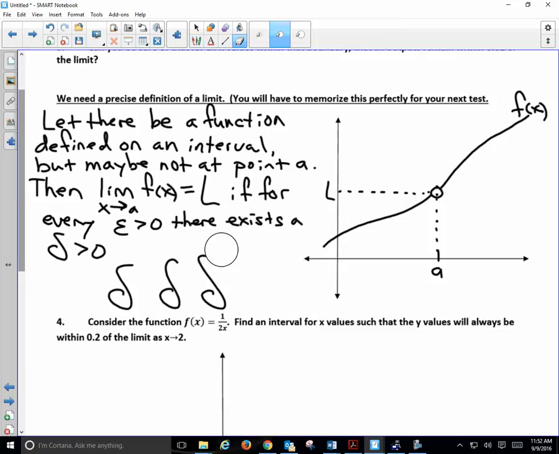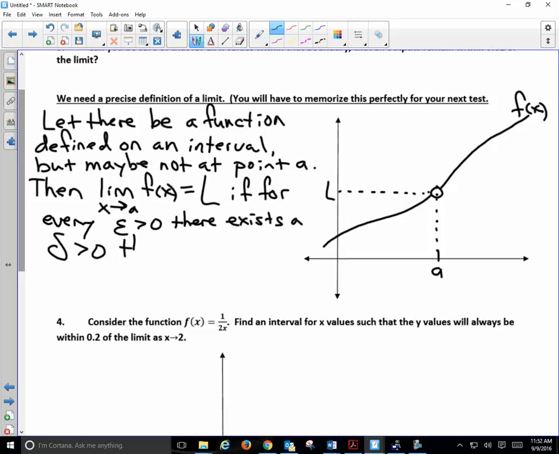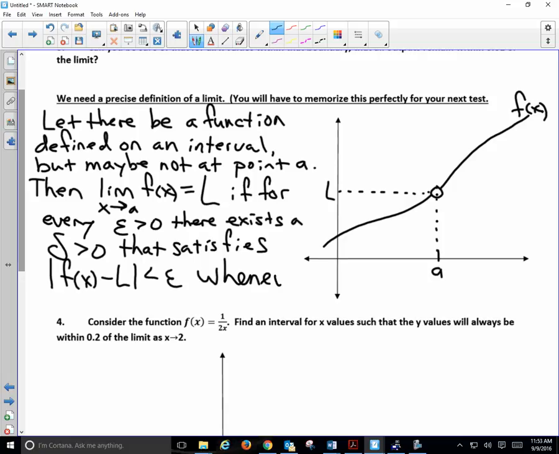I said less than. My apologies. For every epsilon greater than 0, there exists a delta greater than 0 that satisfies the absolute value of f of x minus L is less than epsilon whenever the absolute value of x minus a is less than delta. Done. Absolute value.